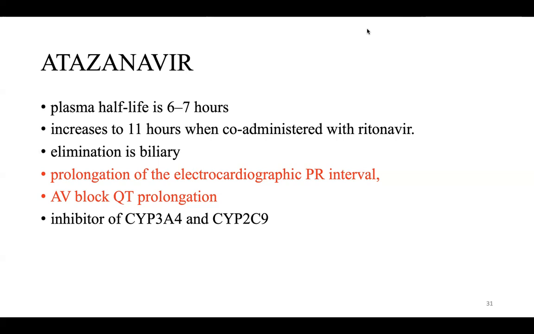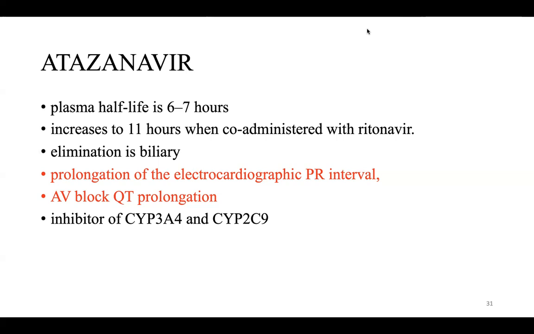Atazanavir should not be given to patients with severe hepatic insufficiency. Atazanavir may be associated with prolongation of the electrocardiographic PR interval, which is usually inconsequential but may be exacerbated by other causative agents such as calcium channel blockers, and may result in atrioventricular block.